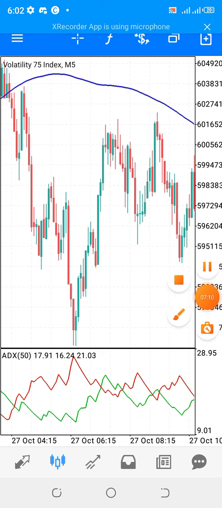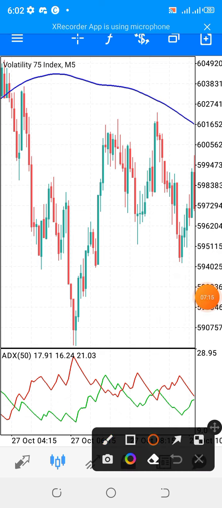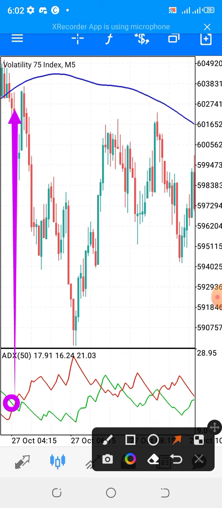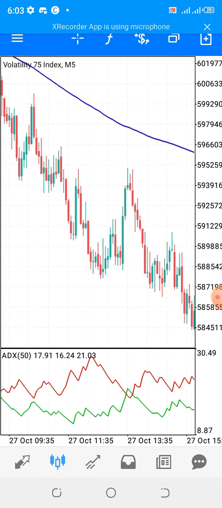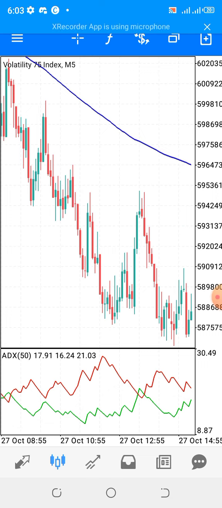This is where the crossing occurs here. So you trace it up. That's where you make your entry. So this is excess profit for you. It's still going down.